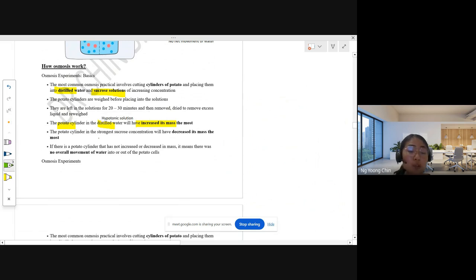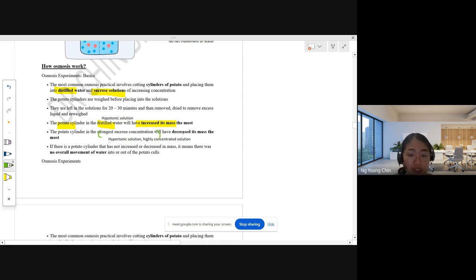If you put the potato strip in a stronger sucrose concentration, that means it's a very hypertonic solution, a highly concentrated solution. So this will cause the potato strips to lose water.